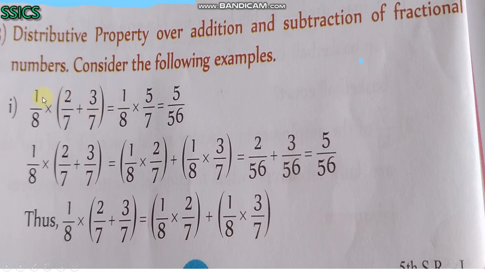Here the grouping is A into (B plus C), where 1 by 8 is A, 2 by 7 is B and 3 by 7 is C. So we can add these two terms. The denominator is the same, so we just add the numerators. 1 by 8 as it is, 2 plus 3 is 5 divided by 7.